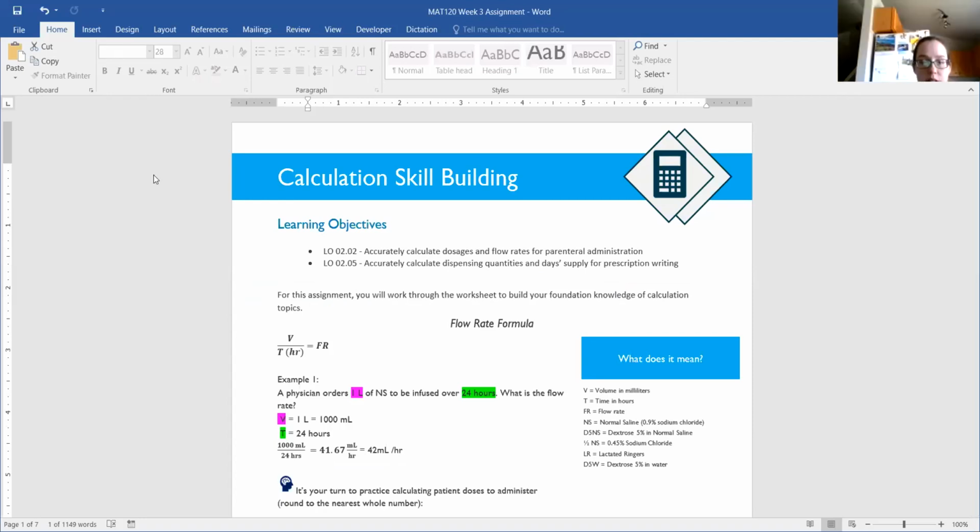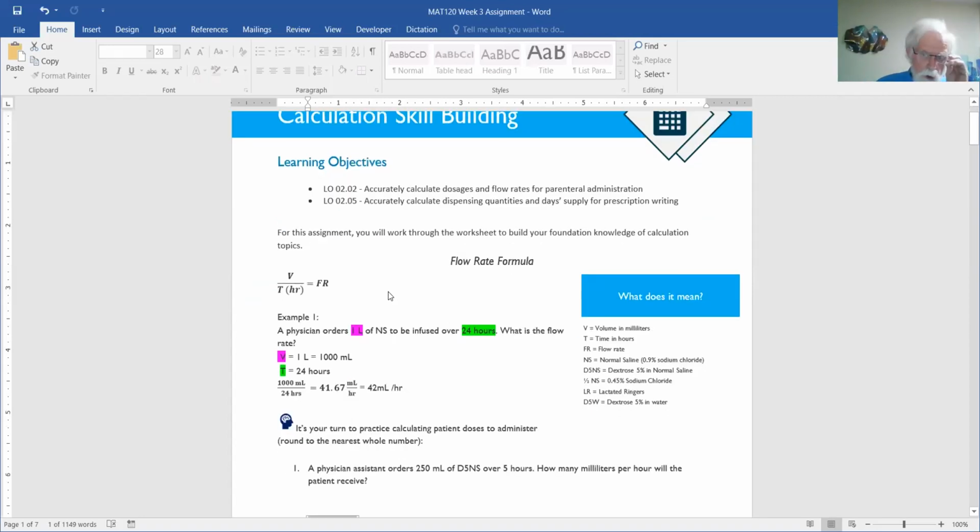Okay, so it starts off with flow rate formulas. And flow rate is really about how much material goes into the patient in a specific time, like an hour or a minute. There are times when we'll use both.